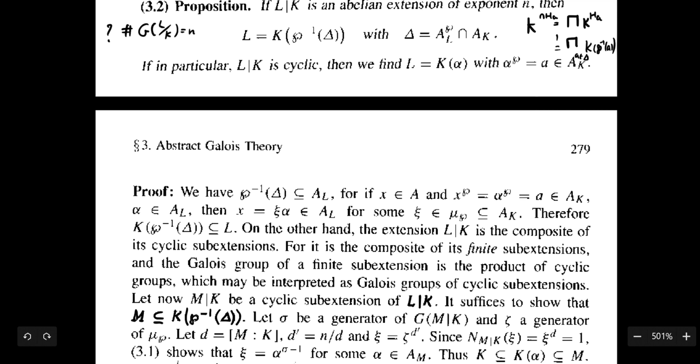Let's go through the proof and we'll see. It's claimed that in this case we can write precisely what is L. There is only one possibility.